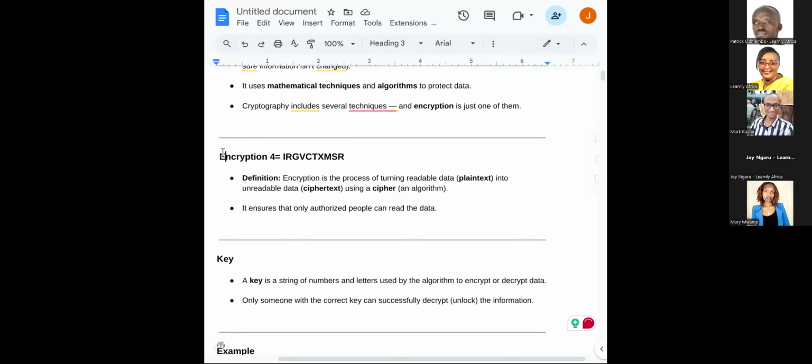For example, if it's an E, we'd go to F, G, H and it will go to an I. If it is N, it will move 4 letters, it will go to R.